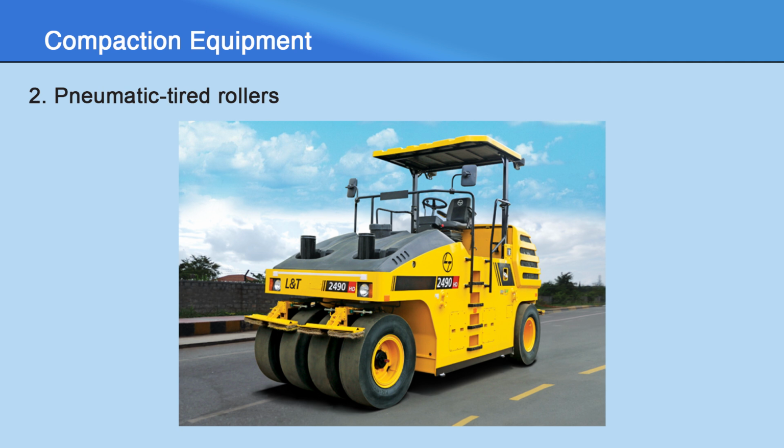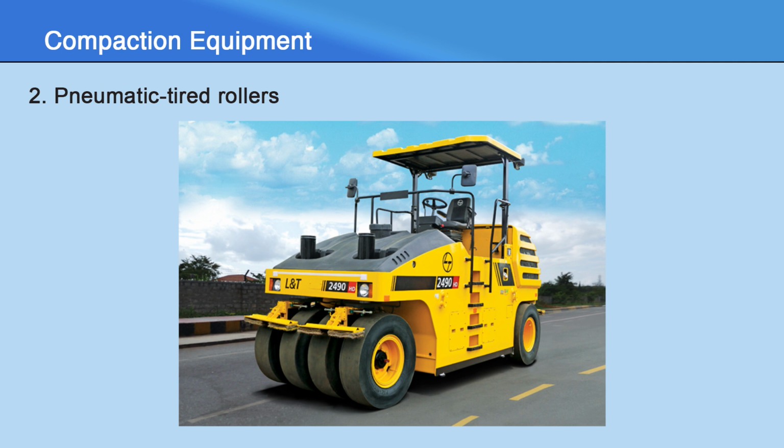Large tired rollers range from 13.6 to 180 tons in gross weight and have 2 or 4 large earth moving tires on a single axle. The tire pressure can vary from 559 to 1030 kilonewton per meter square.